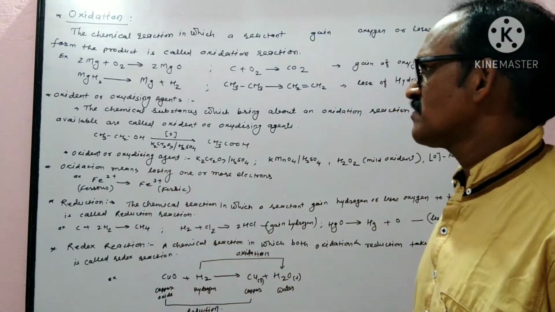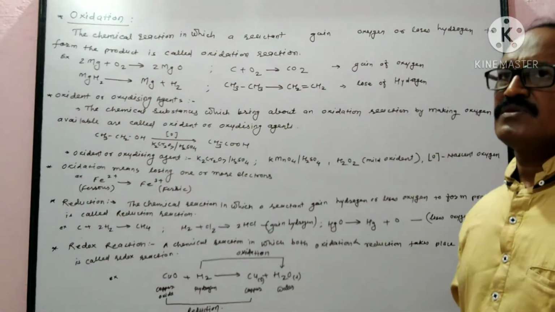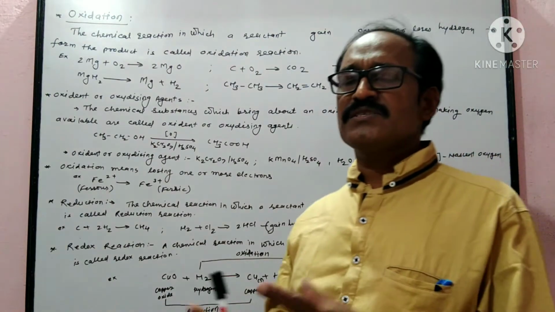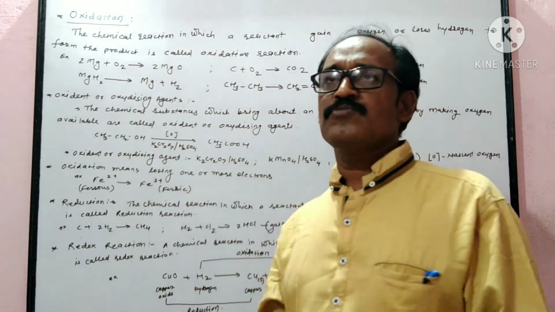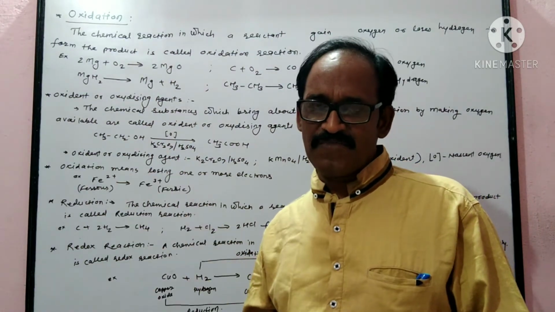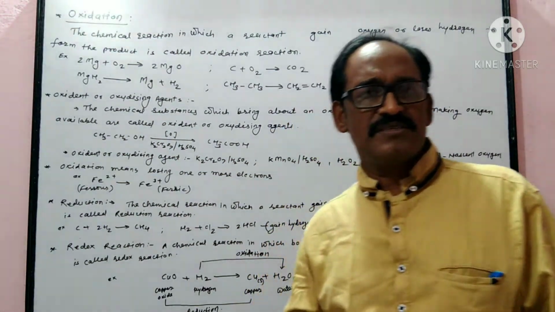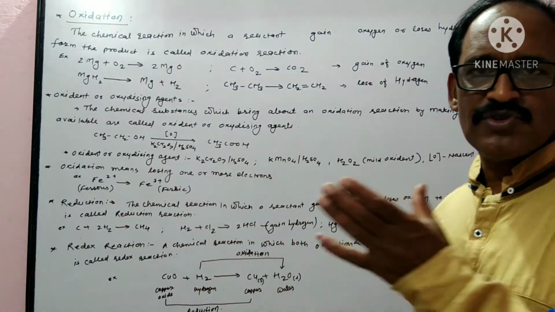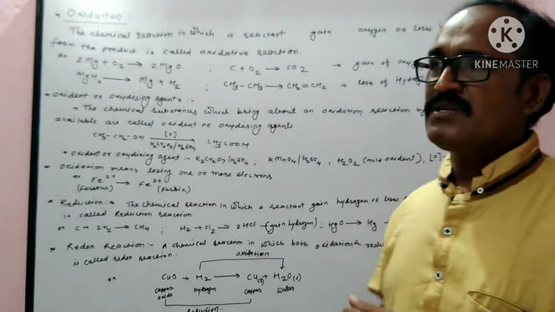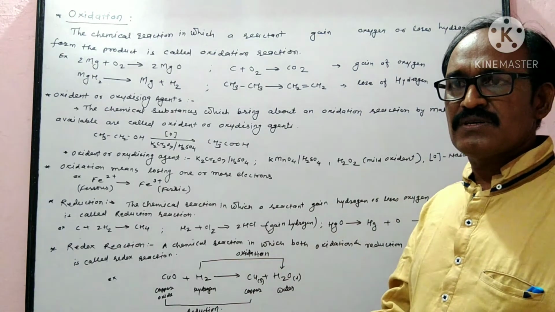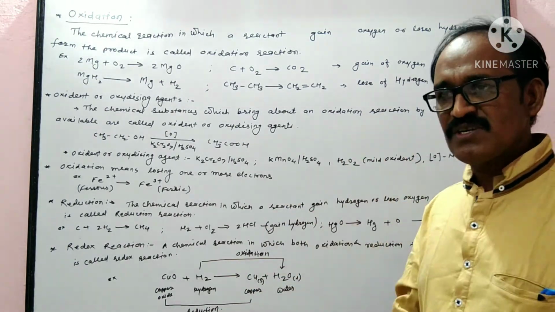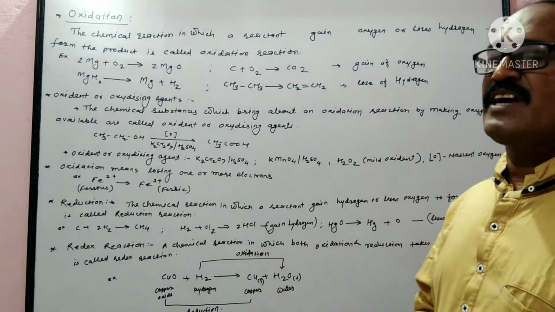Now we discuss the next reactions, the reduction reactions. It is exactly the opposite of oxidation reactions. In oxidation there is a gain of oxygen and loss of hydrogen; here it is just opposite: loss of oxygen and gain of hydrogen.